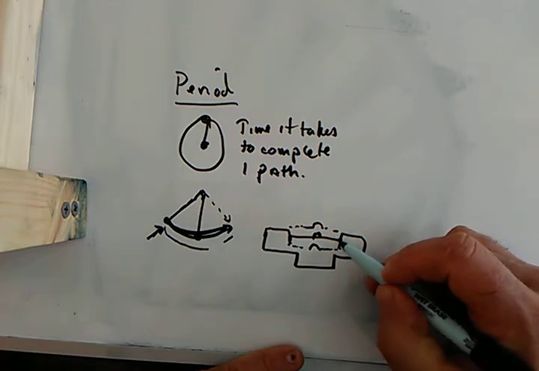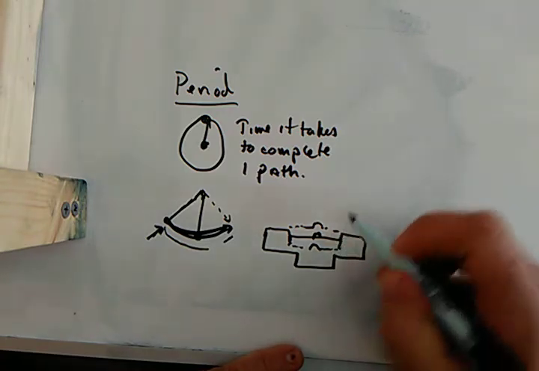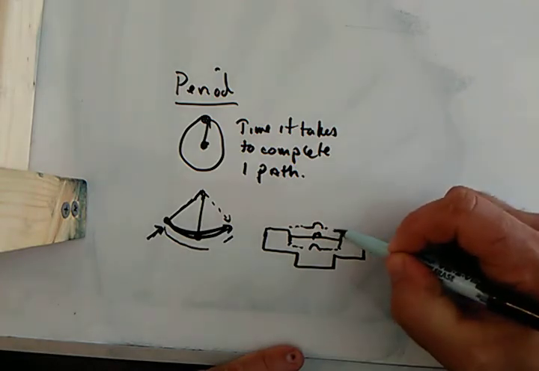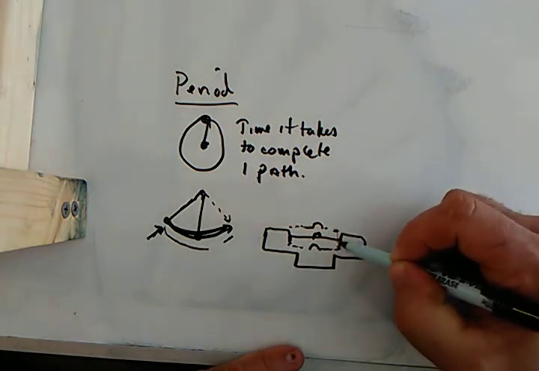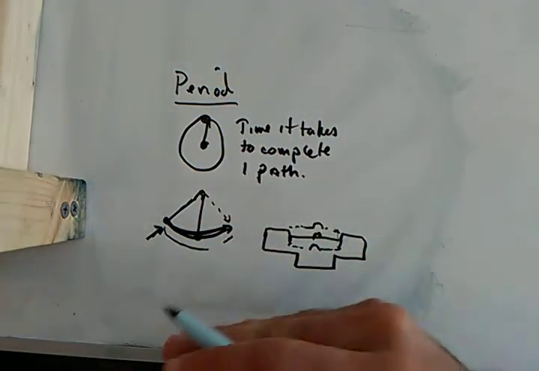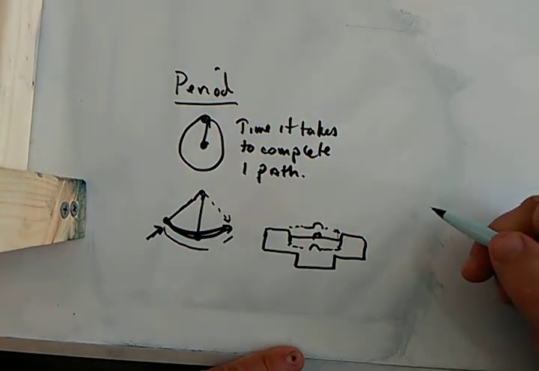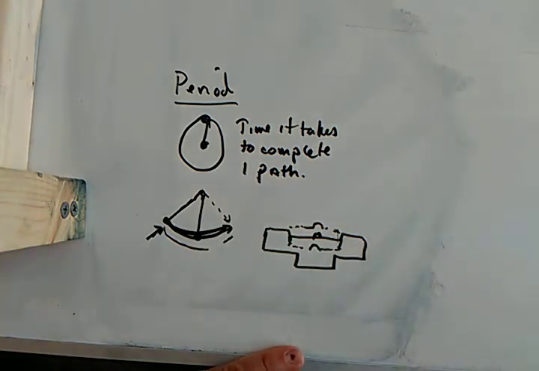So one period is the time it takes for it to complete one cycle back to its original state. So if I started the speaker up here, it would have to end up back here. So one full up and down with the speaker would be the period of that object.